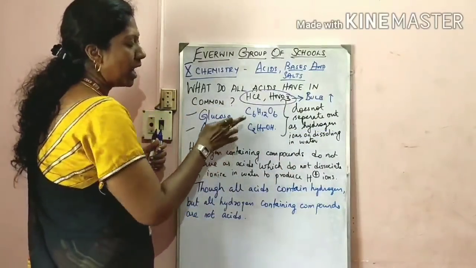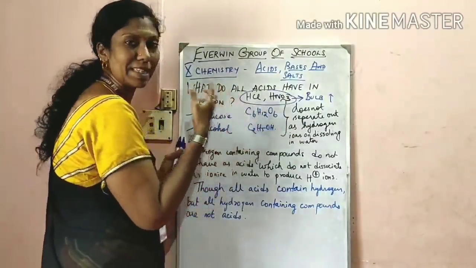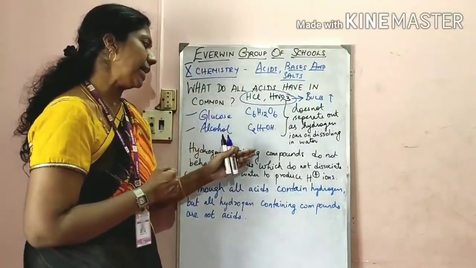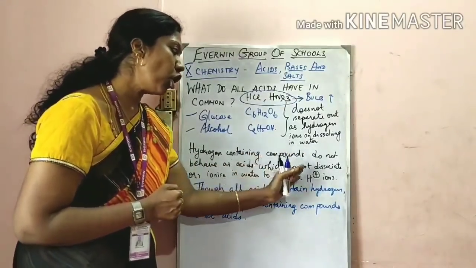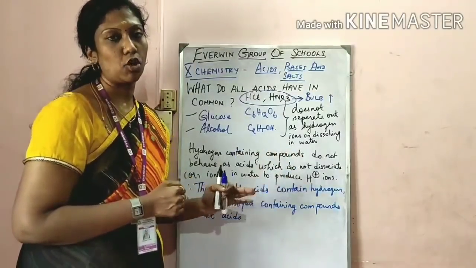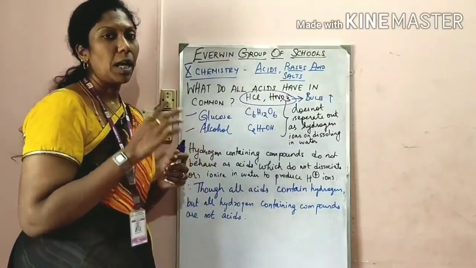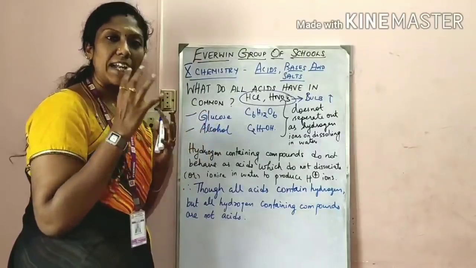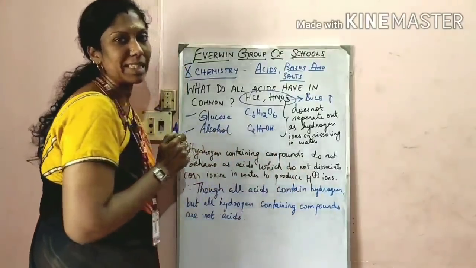These 2 solutions will not get easily ionized to H plus ions when dissolved in water. The hydrogen containing compounds do not behave as acids if they do not dissociate or ionize in water to produce H plus ions. So all acids will have H plus in common, but the compounds which have hydrogen should easily dissociate into hydrogen ions.